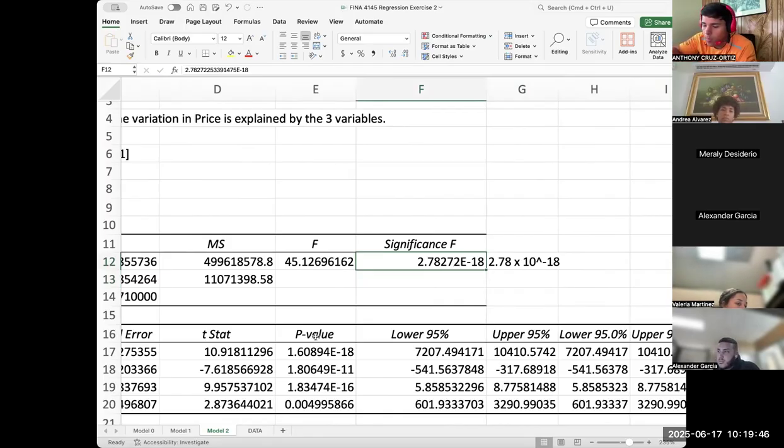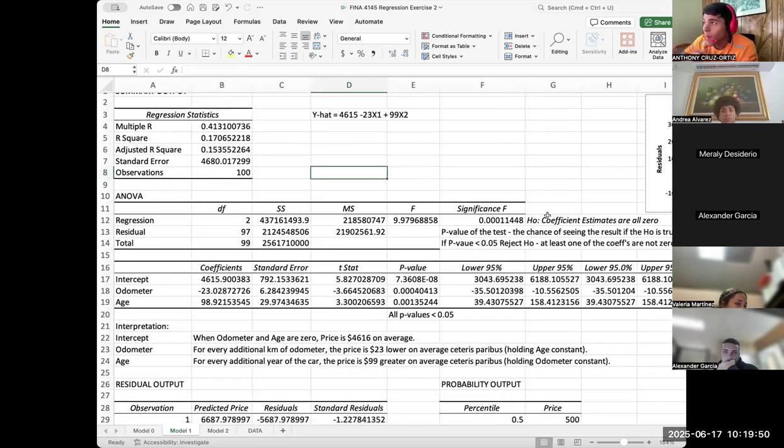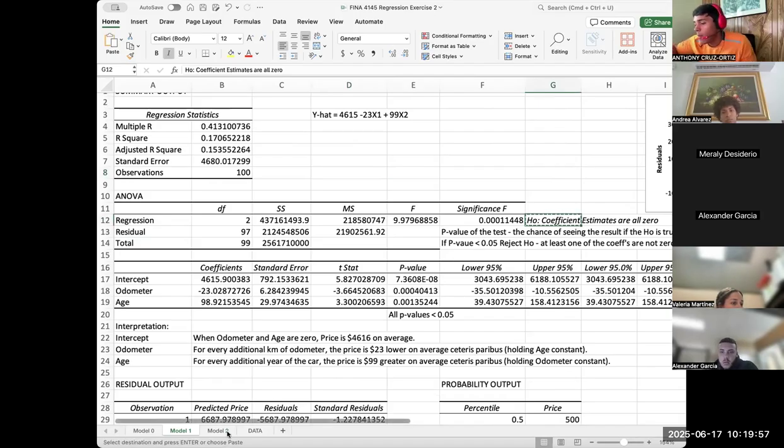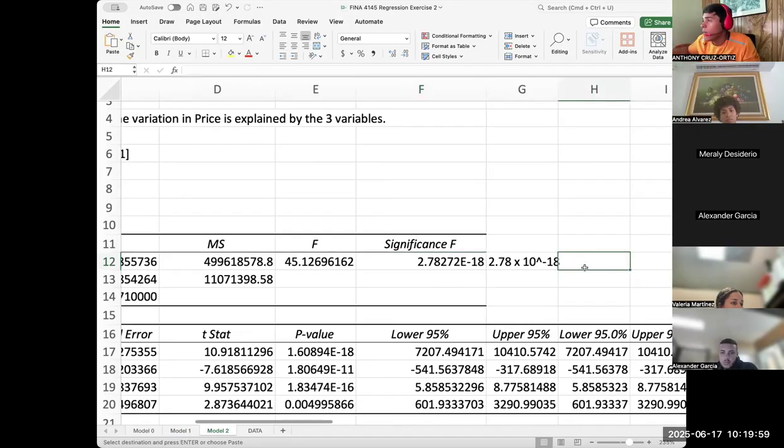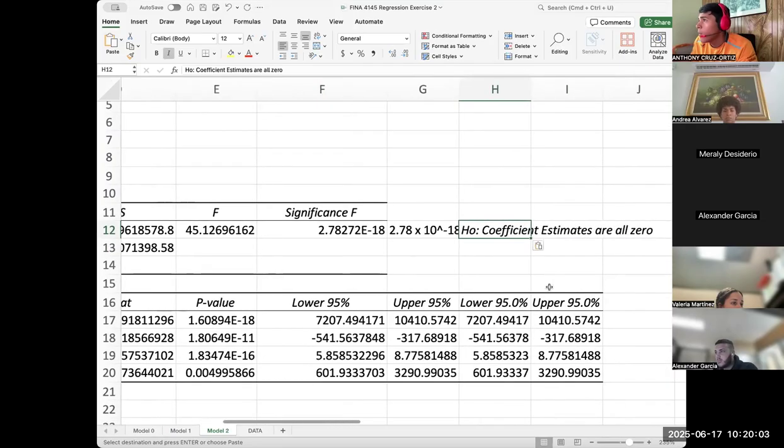So it's the same as before, I'll copy out what I said here. Coefficient estimates are all 0.